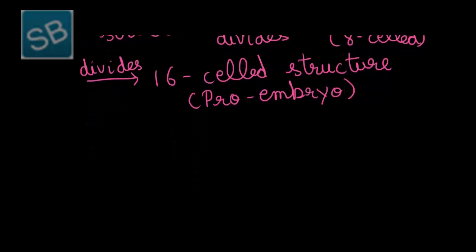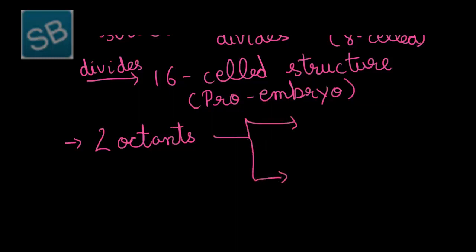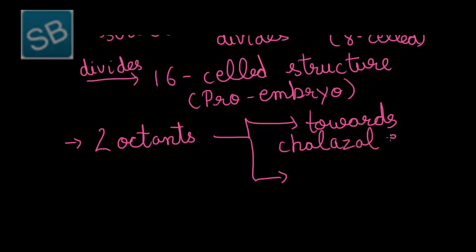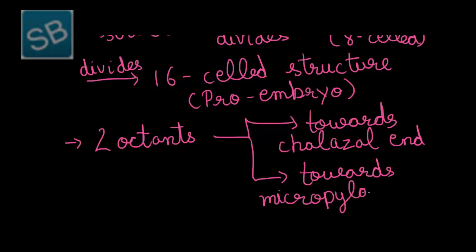Now, this 16-cell structure occurs in the form of two octants, that is, one towards the chalazal end and other towards the micropylar end. As said earlier, these two octants occur at right angle direction to each other.